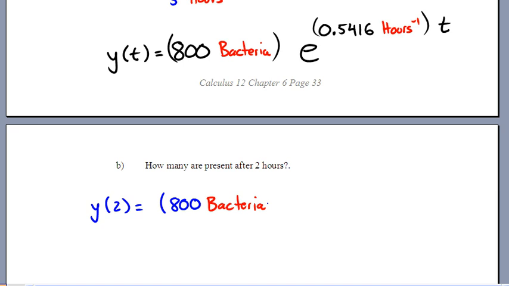800 bacteria multiplied by this exponential, 0.5416 upside down hours, that's the k. It has units of upside down time, and then I'm going to multiply it by 2 hours.